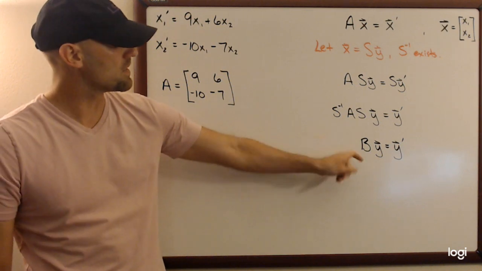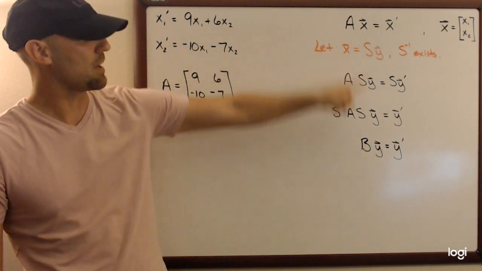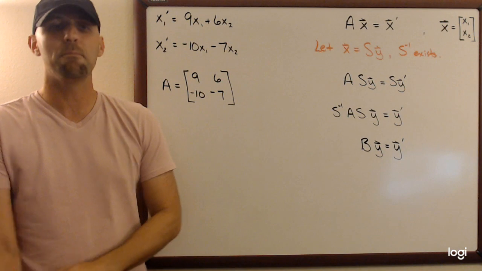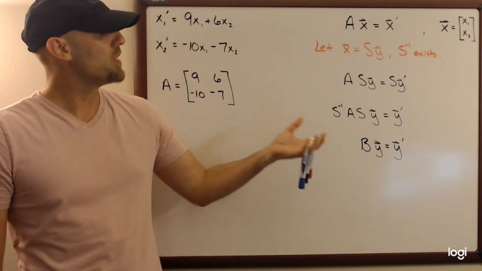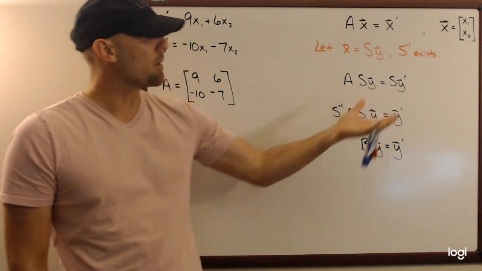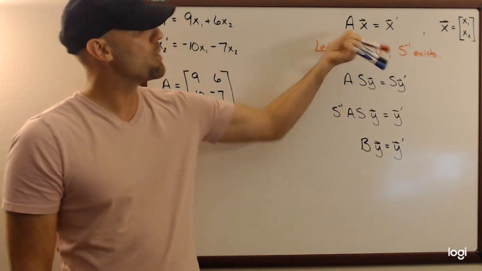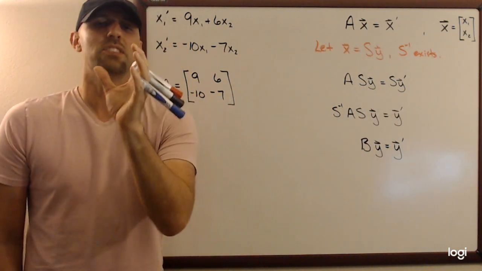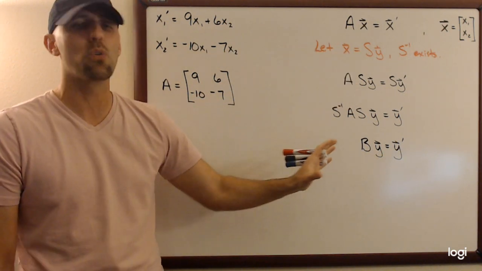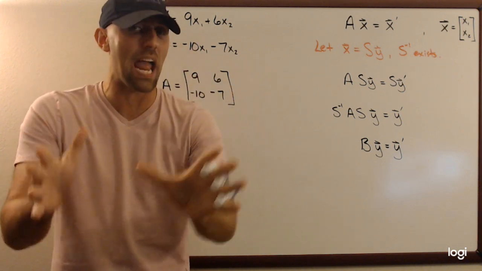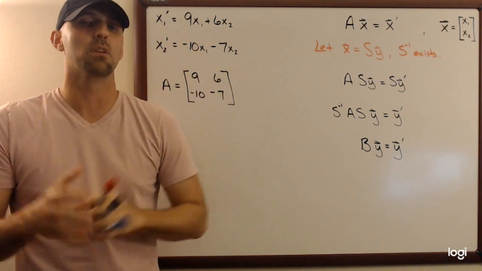I mean, isn't this, for all intents and purposes, the exact same thing I wrote originally? And yeah, it is. The difference is, what I've done by rearranging these variables is that I've rewritten my original system. Instead of using the collection of coefficients in A, I get to use the collection of coefficients in B as long as they're similar matrices.